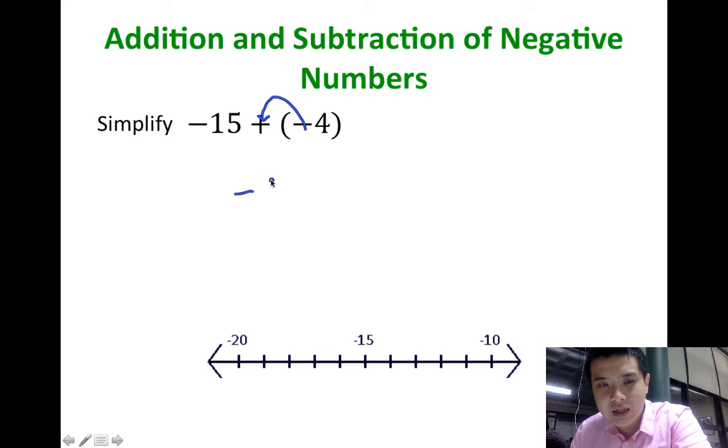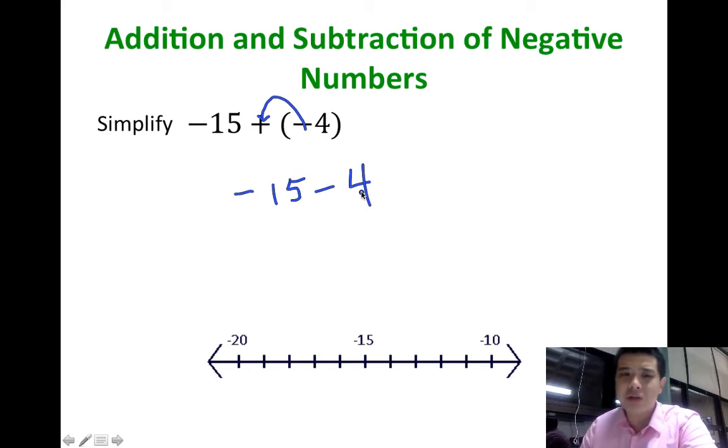This is the same thing as negative 15 minus 4. Now some students have a hard time when they start off with a negative number. Remember, if we're subtracting a positive number, like we are right here, 4 is positive, that means we're going to be getting more negative.